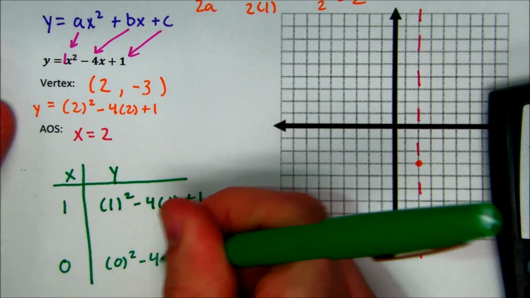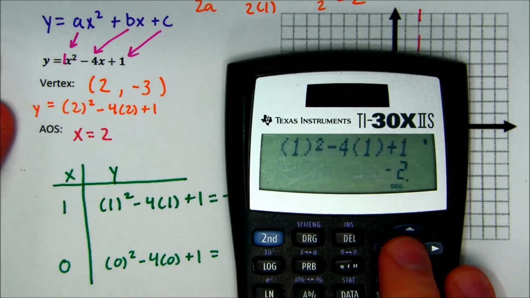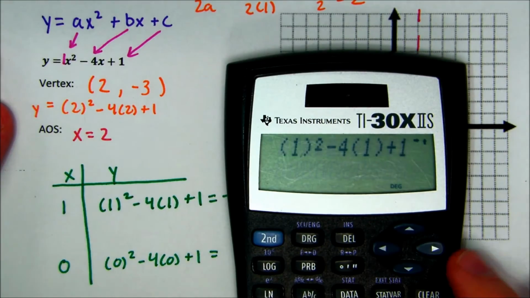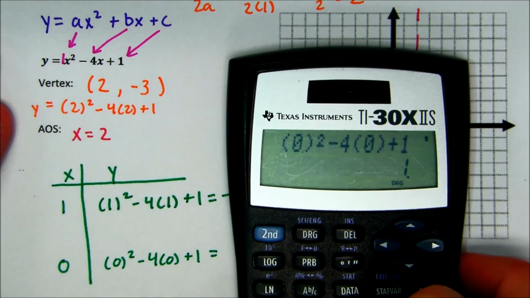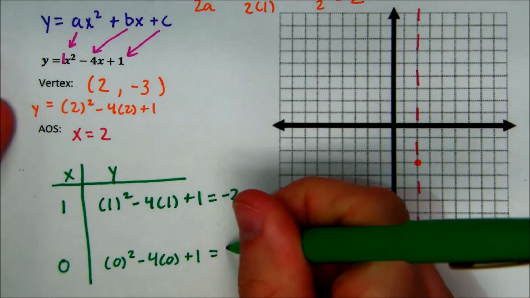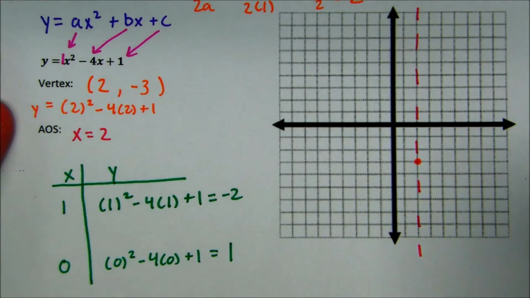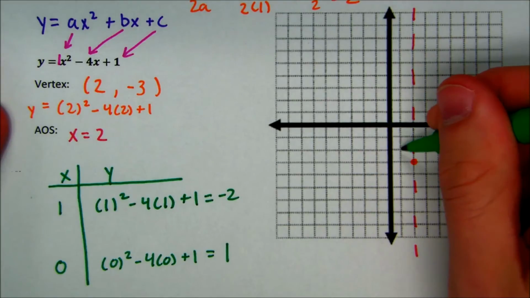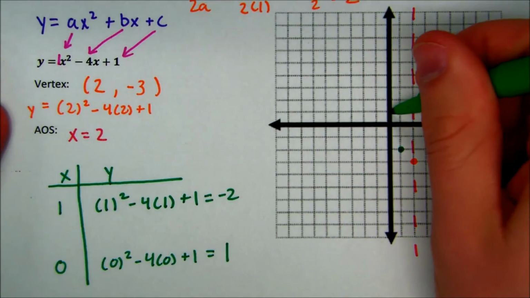So again, I come back here, and I'm going to change my 1 to a 0. Hopefully you already know what this is without using a calculator, but we'll do it just to be certain. And we get 1. So from my table, I know the point 1, negative 2 is on my graph. I also know the point 0, 1 is on my graph. I know those are on my graph.